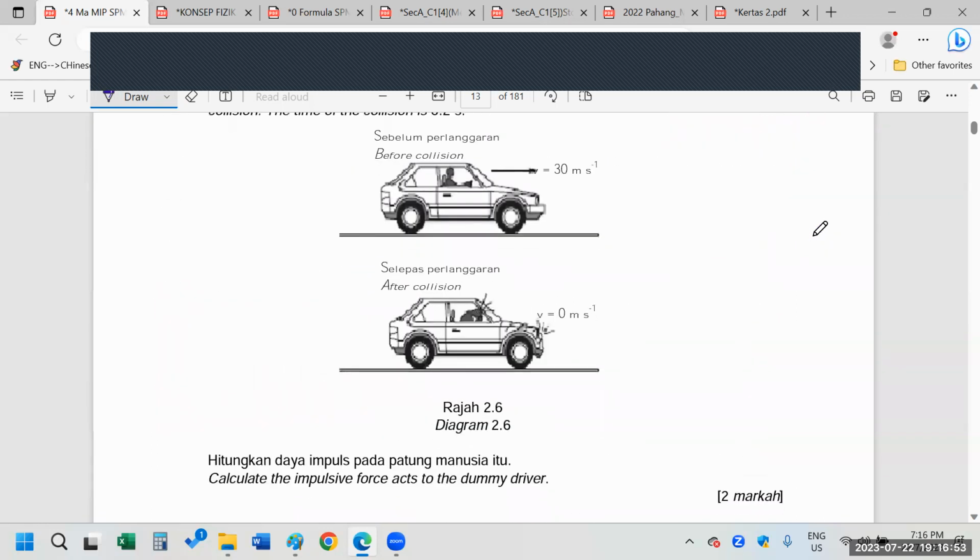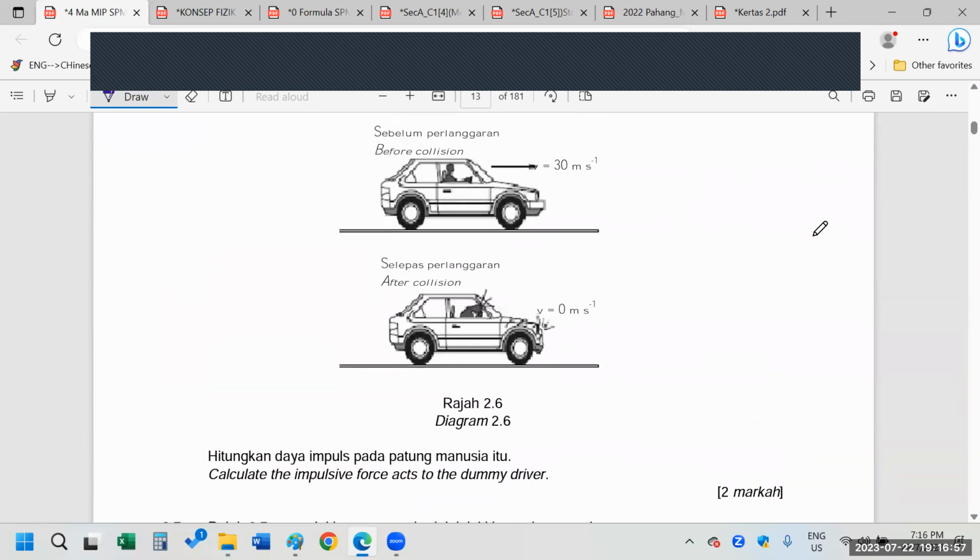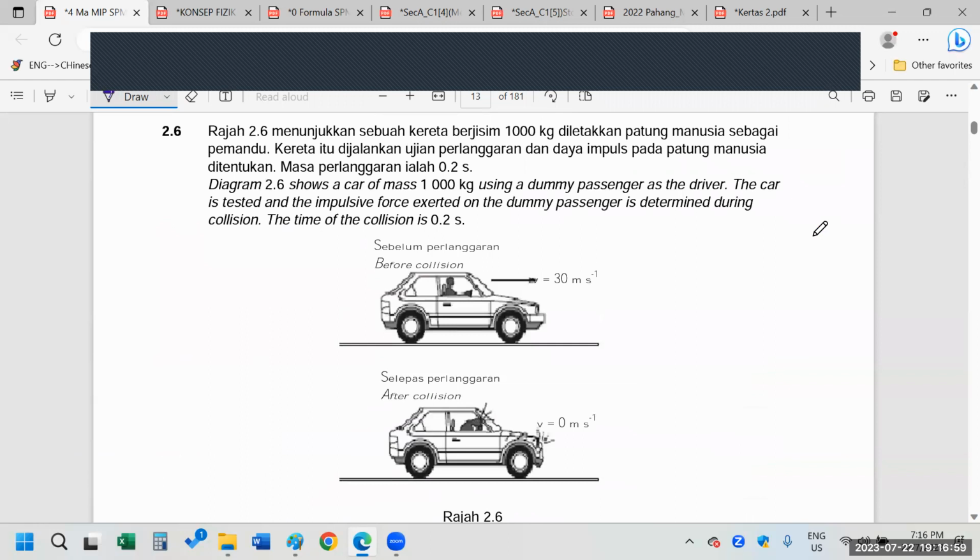Okay, now this one is calculate the impulsive force on the dummy driver. I think everyone is okay with this, right? Just write F equals mv minus mu over t. The info: before collision, this is u. After collision it becomes stop. The car mass is 1000 kg.